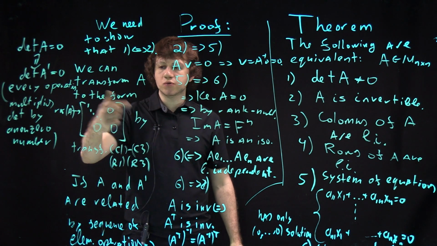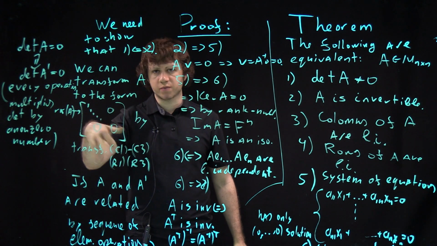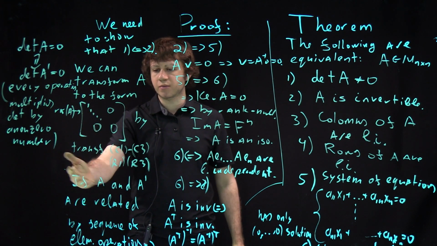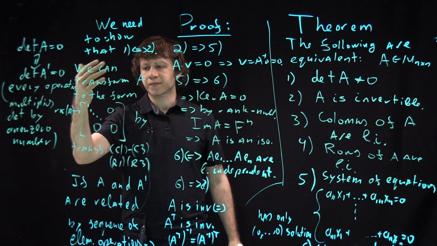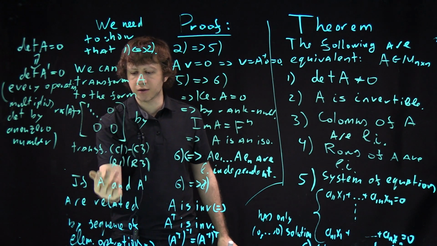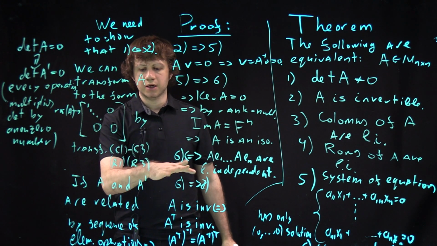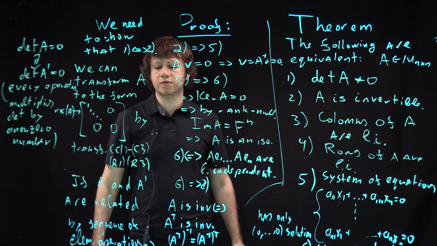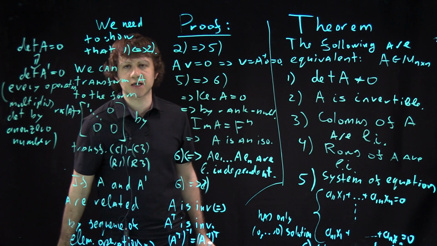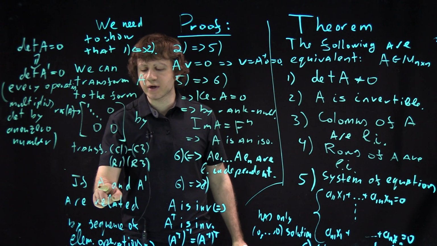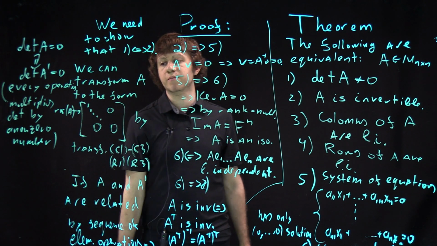So the determinant just gets multiplied by some number, and since this number is never 0, the determinant being 0 for A is equivalent to it being 0 for A prime.